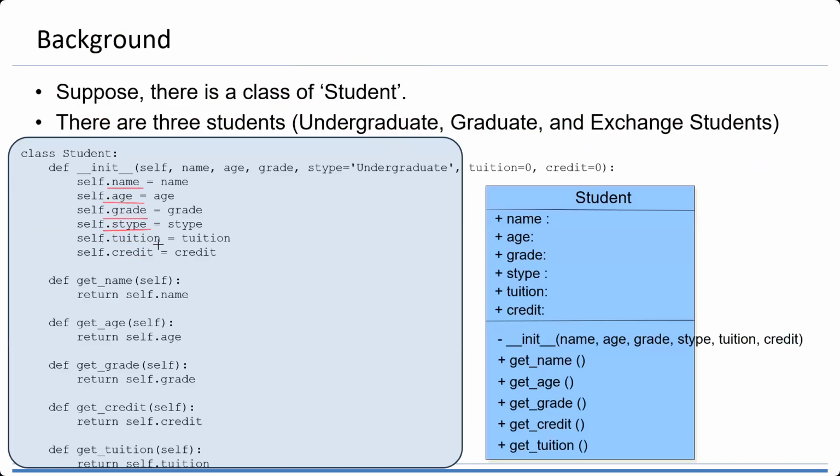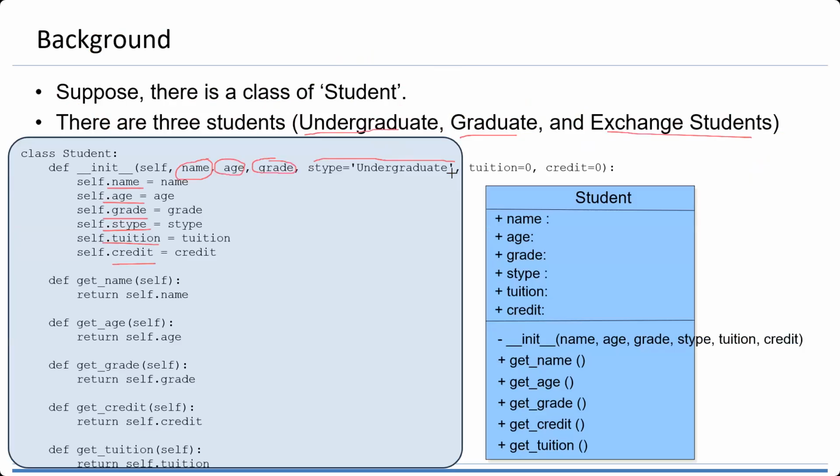And I want to also declare the tuition fee because the tuition fee will be different between the undergraduate, the graduate, and the exchange students. And the number of credits that you need to take. Then I have the name, the age, the grade, S type.